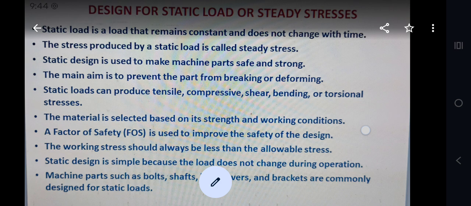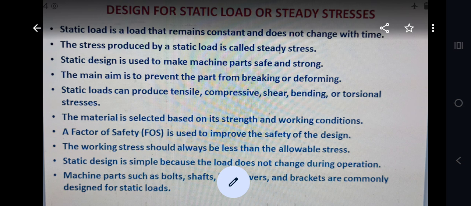When a static load acts on a machine component, it produces stress. The stress produced by the static load is called steady stress. We can understand this as static load or steady stress.